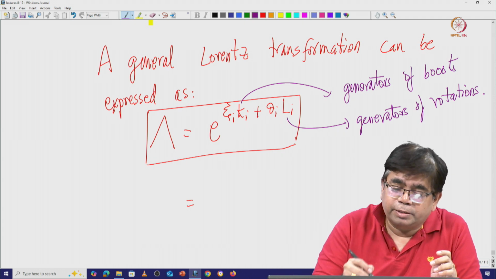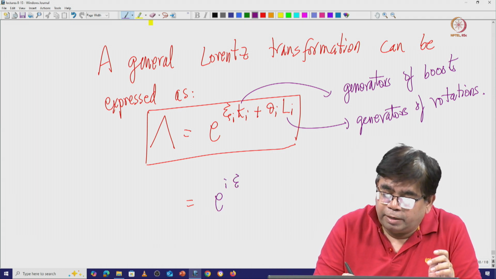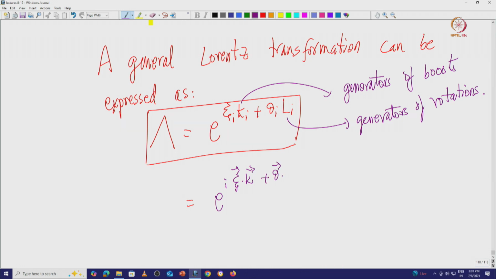So you can also express it as e to the power xi bar dot K bar plus theta bar dot L bar.